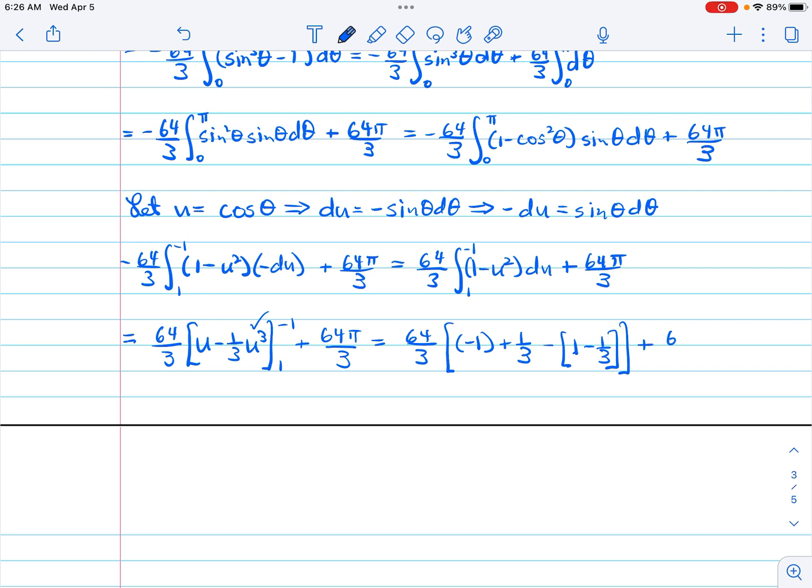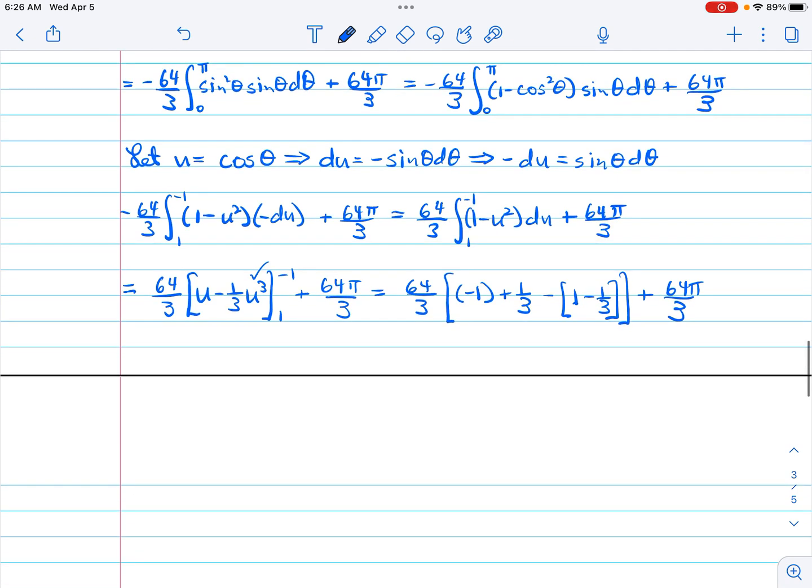And then plus 64 over 3 times pi. Okay, so there's what I've got so far. So let's just look at this. I put in a negative 1, and I got negative 1 minus a negative 1/3 minus a 1 minus 1/3. Yeah, so this works out.